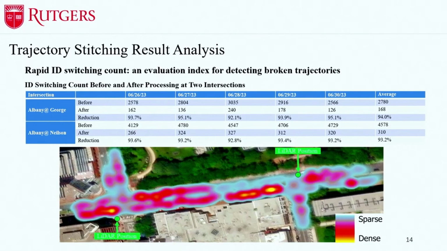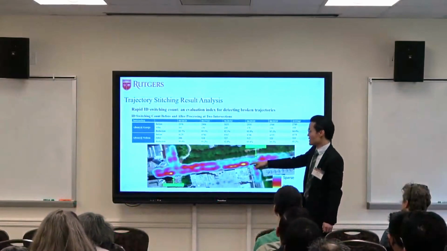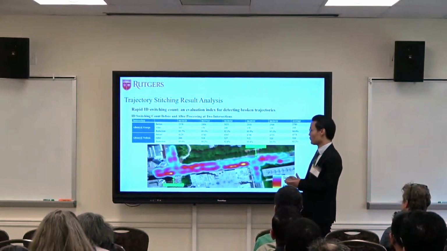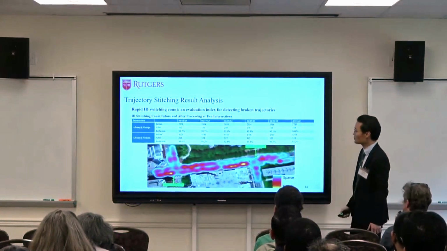For these two intersections, around 93% of vehicles were fixed. This is the speed map where I stitched these trajectories back. Breaks often happen just under the LiDAR positions and also at the offset corner that is mostly blocked by other vehicles.